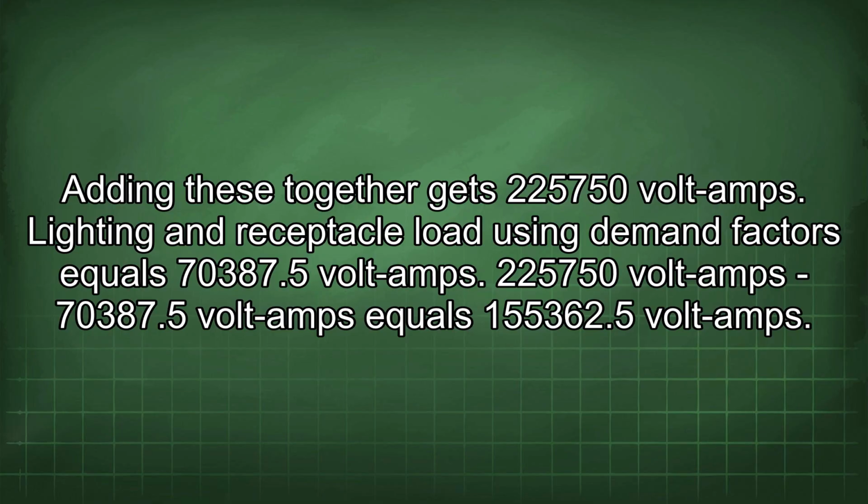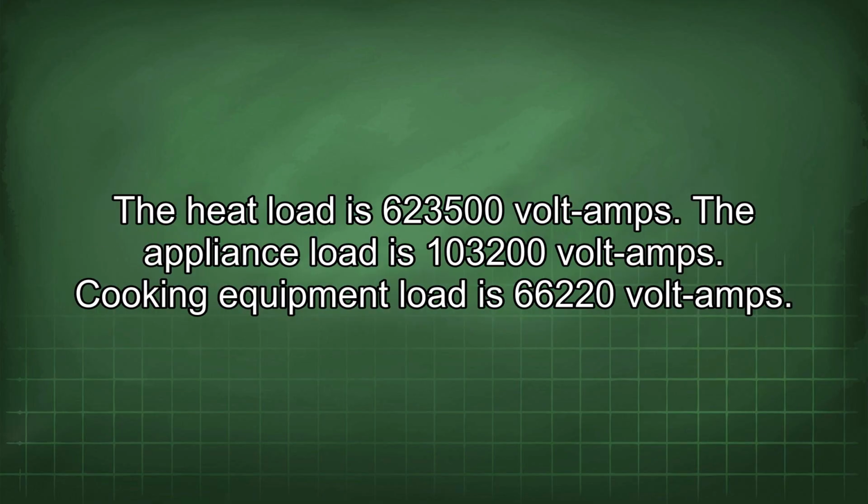Lighting and receptacle load using demand factors equals 70,387.5 volt amps. 225,750 volt amps minus 70,387.5 volt amps equals 155,362.5 volt amps. The heat load is 623,500 volt amps. The appliance load is 103,200 volt amps. Cooking equipment load is 66,220 volt amps.